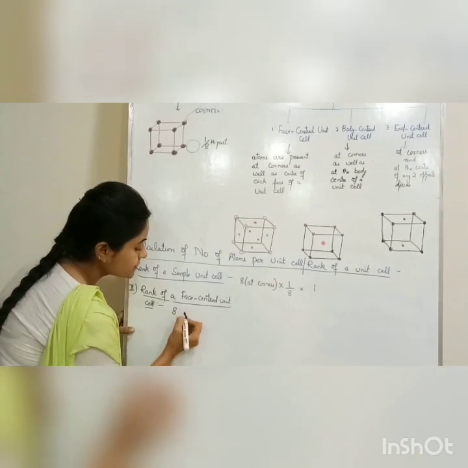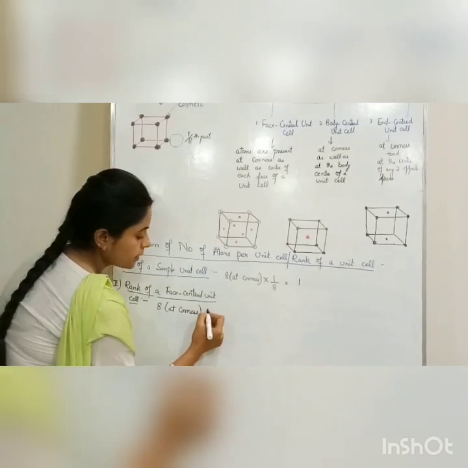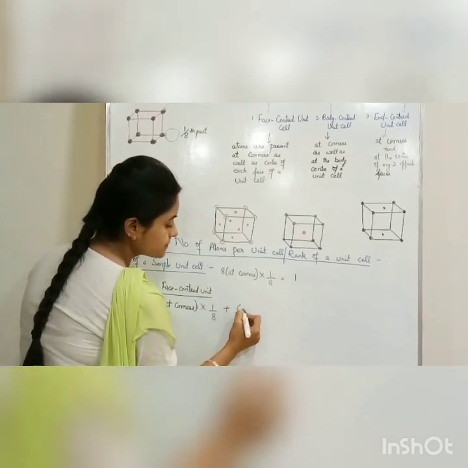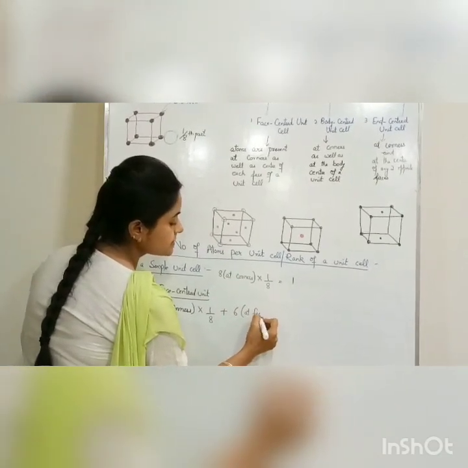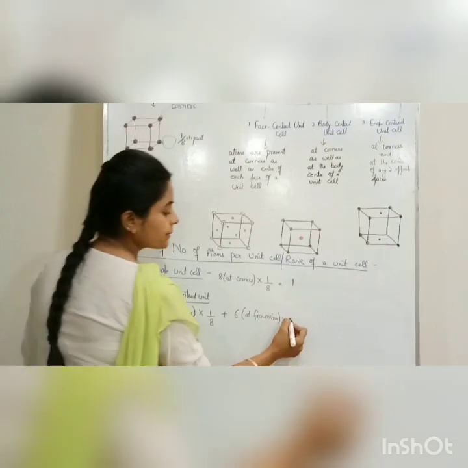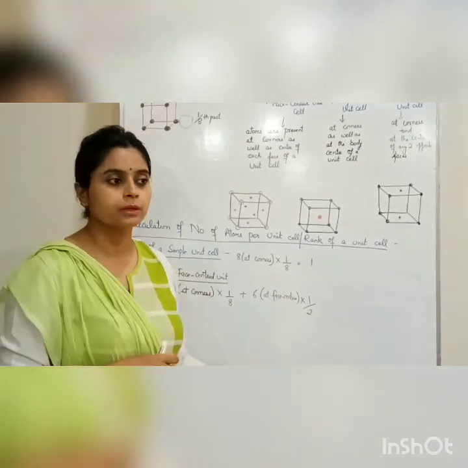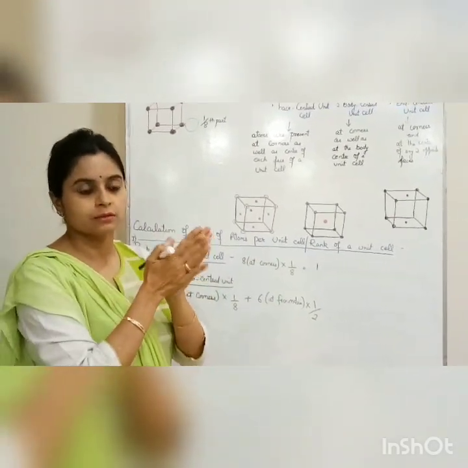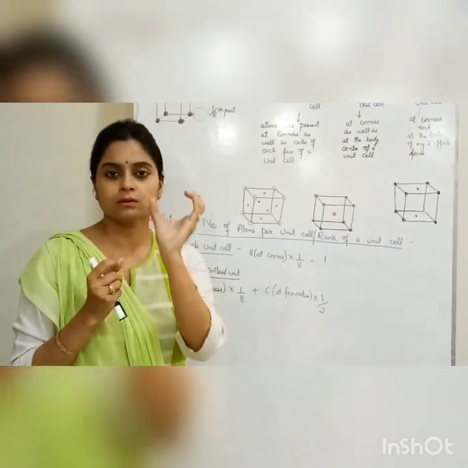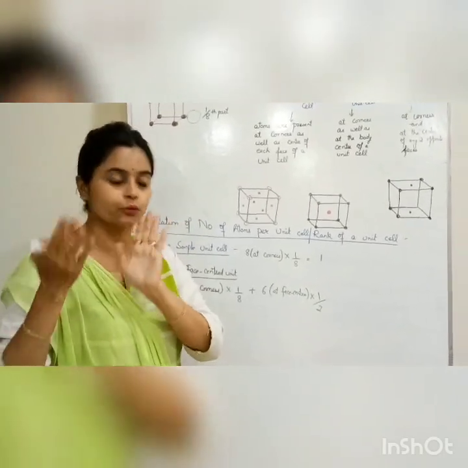So there are 8 atoms at corners and each contributes 1 by 8 part, plus there are 6 atoms at face centers and each contributes 1 by 2. How? If you have a wall of a room and there are 2 rooms in which the common wall is present, and if you put some sphere in the center of that wall, that sphere is shared by both the rooms or both the unit cells.